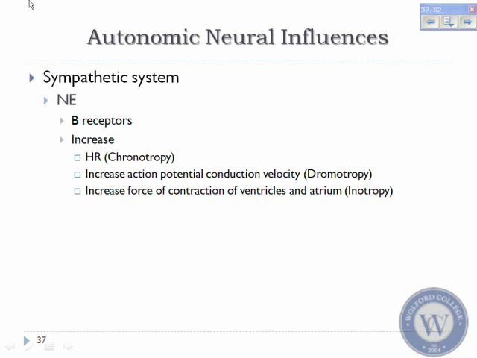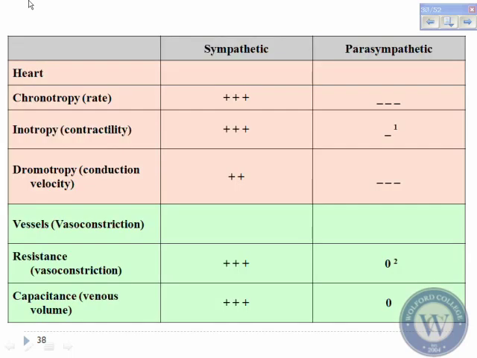It uses beta receptors in the heart, beta 1, to increase heart rate and increase the action potential conduction velocity, called the dromotropy. And trust me, you have to know that terminology, dromotropy, as well as the inotropy, which is the contractility of the heart. I wish they could just leave it as conduction velocity, but the boards have recently changed to using the words dromotropy and inotropy.